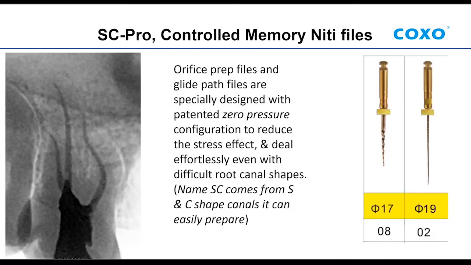Another special thing with this good function is that our system is designed with an open file and a path file. This is to avoid the risk of a broken file inside the canal. So this is a very good design.